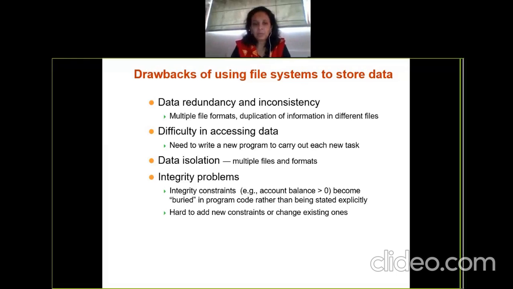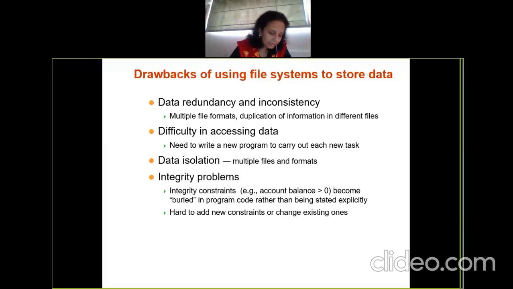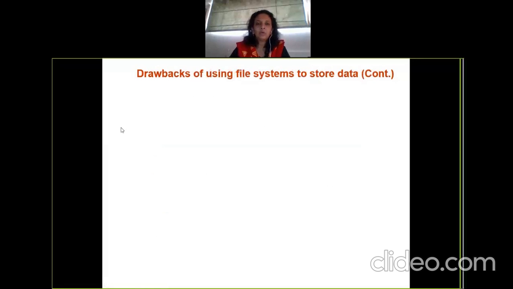Similarly, for telephone numbers in numeric values, applying this in a simple file processing system is difficult. So instead of that, we need to use the database, which gives a simple way to solve the integrity problem.